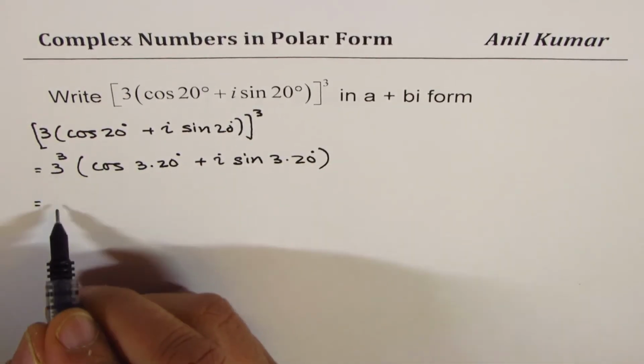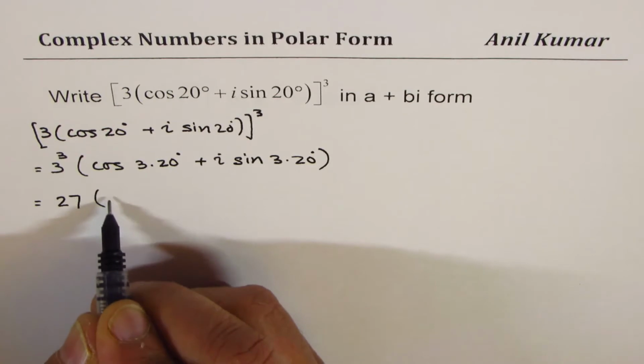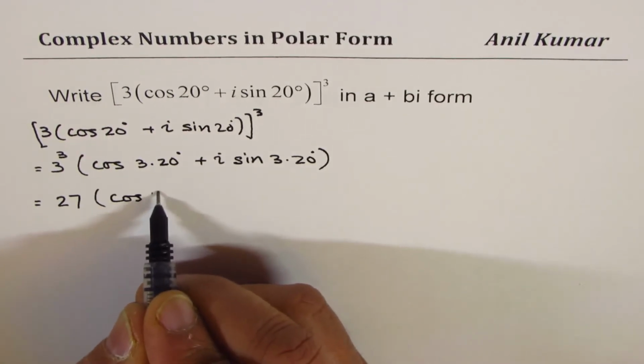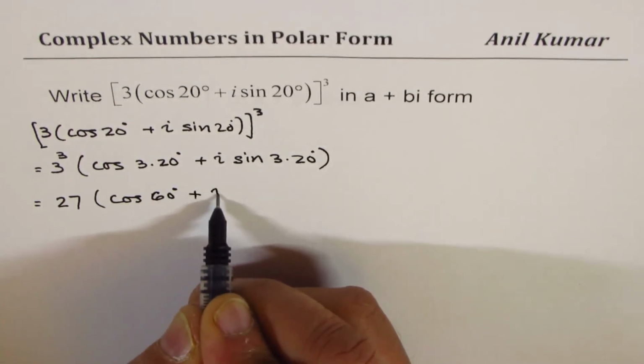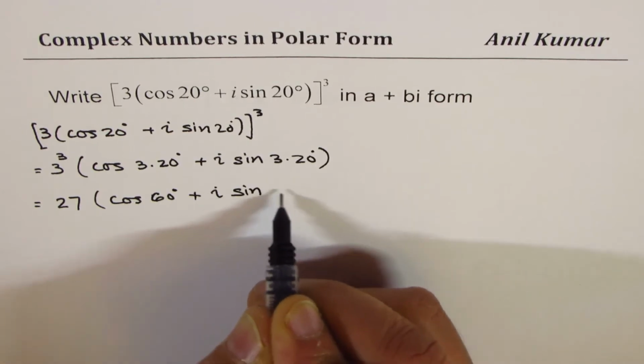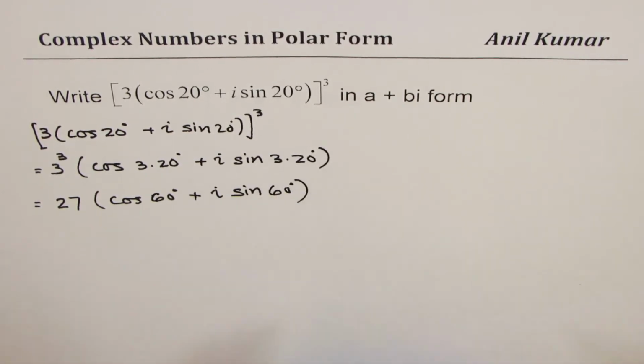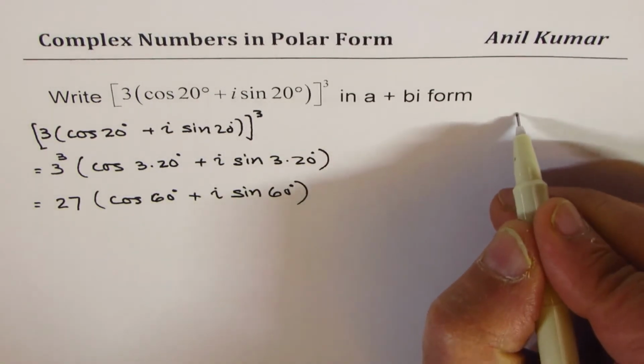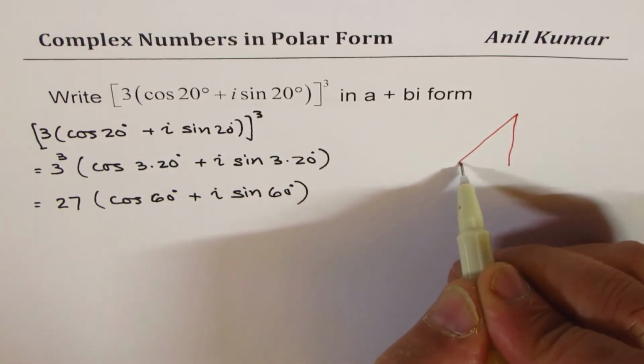So that gives you 3 cubed, 27, times cos of 60 degrees plus i sine 60 degrees. You can use a calculator, or you can use the special triangle 30, 60, 90.